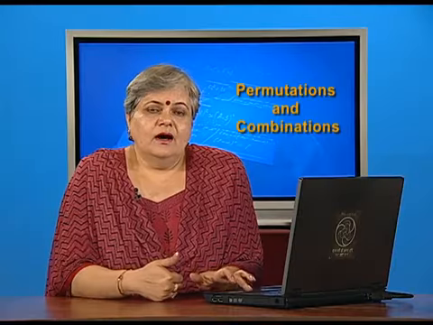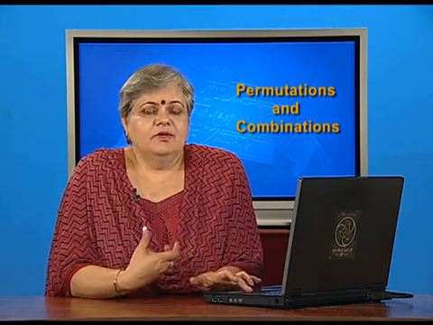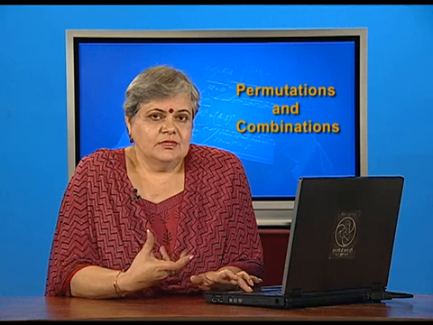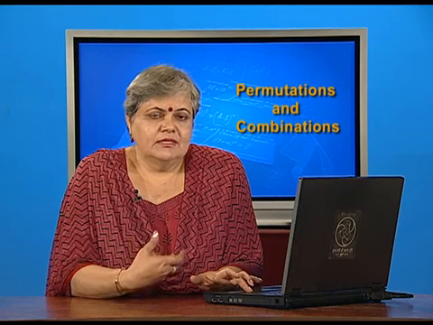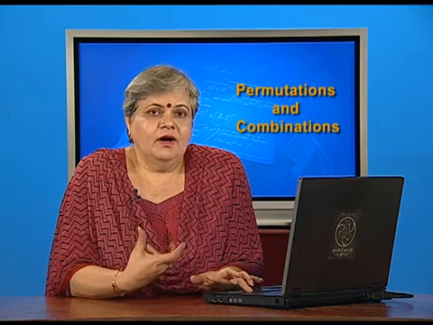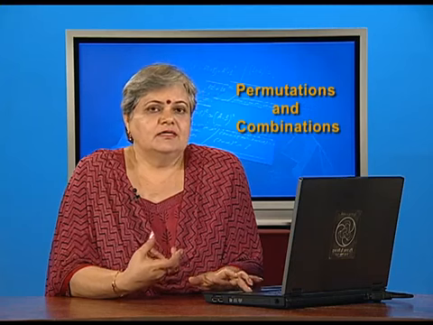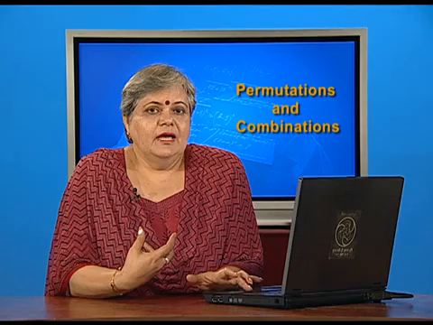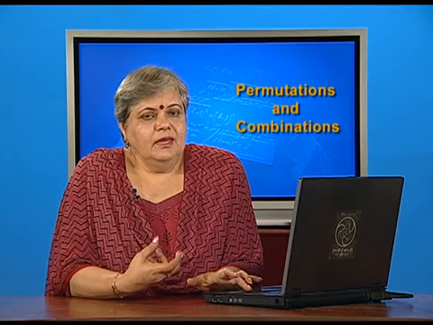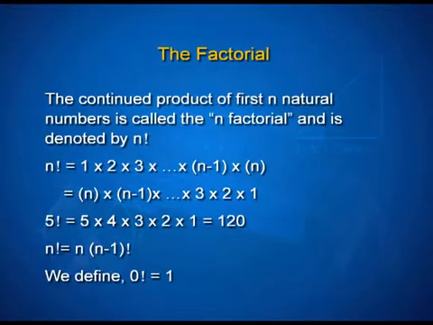Now, although n factorial is defined for natural numbers, for convention's sake, and because we will be using this in our further discussion, we define 0 factorial to be 1. Also, n factorial may be written as n times n minus 1 factorial.